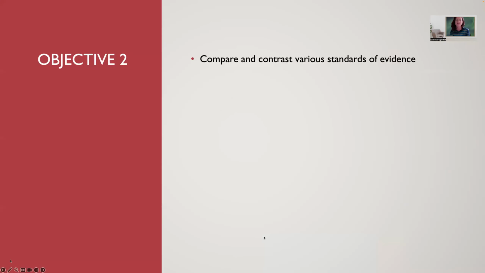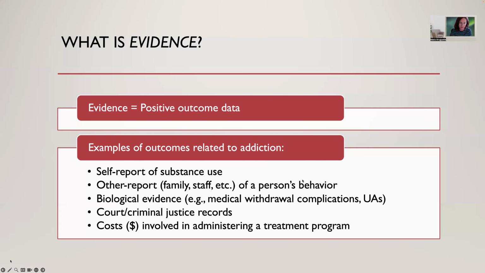Okay, let's hit objective 2, compare and contrast various standards of evidence. Okay, so first off, what is evidence? Evidence is positive outcome data. And that is examples of outcomes that are related to addiction. So, for example, self-report outcomes of how much you use a substance, other people's reports of a person's behavior, has it gotten better? What about biological evidence?